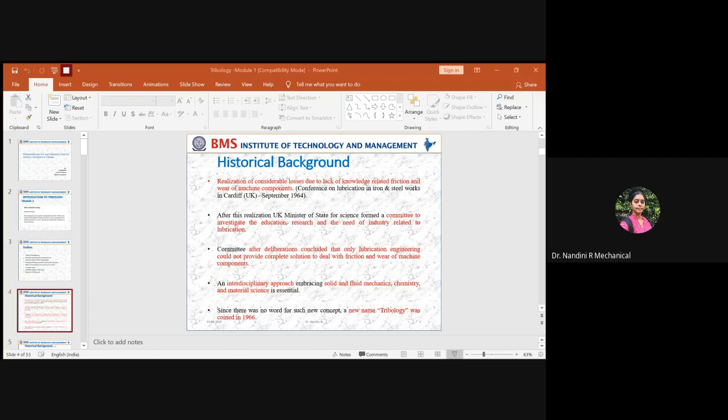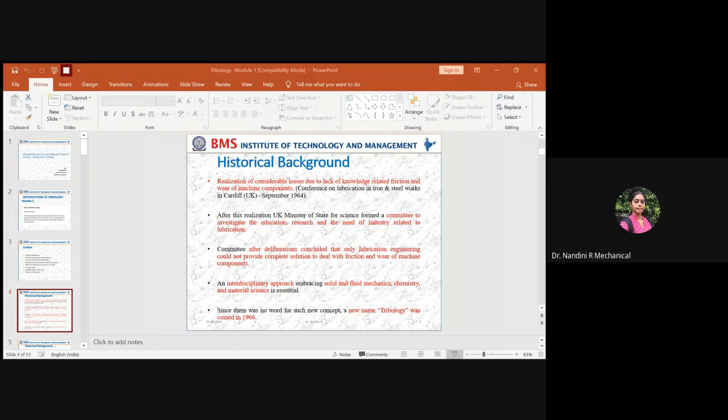This realization of the losses coming in any product due to friction and wear came at a conference held in the UK on lubrication in iron and steel works. The ideas that came up at the conference led the UK government to make some changes so that this could be overcome.